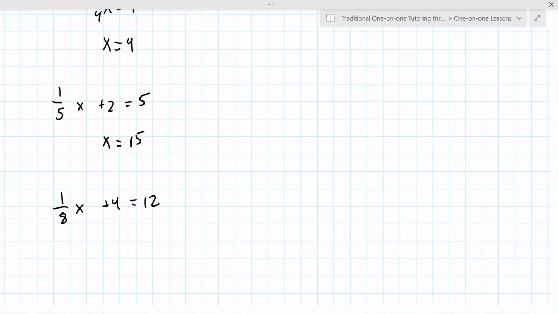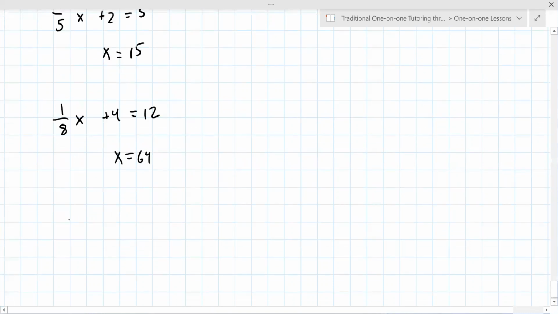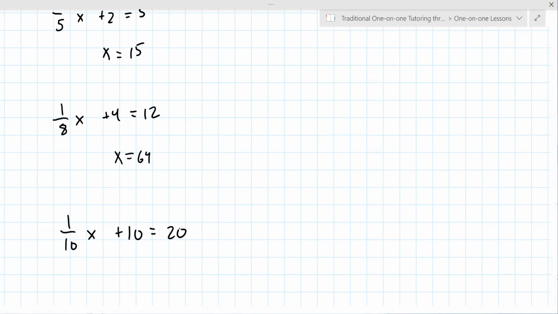X equals 64. Very good. Last one here is 1/10 x plus 10 equals 20. x equals 100. Yes.